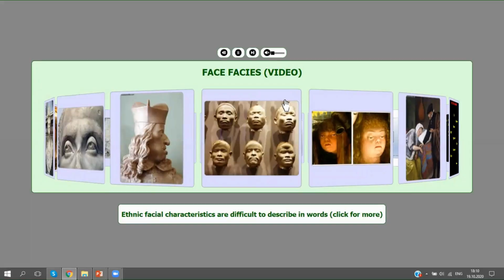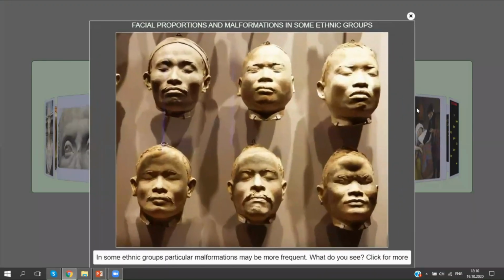And I think if you look at these faces, you can say they're not European. Would you explain that to anyone in words? What is it in these faces that you consider not European? And one of them has an ethnic malformation.